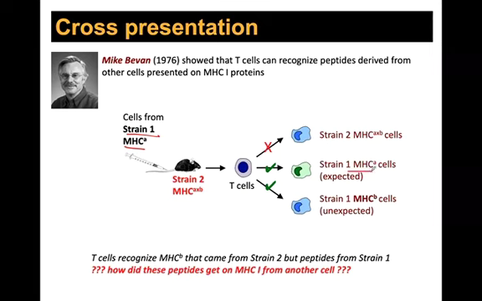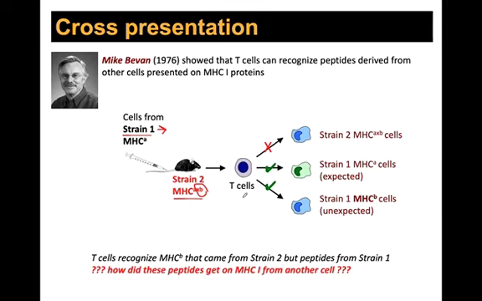So they have the MHC-A, but they also have the foreign peptides on there. That's an expected result. What was not expected is that you could recognize strain 1 peptides on the strain 2 MHC. So the only cells here that have MHC-B on them are in the recipient, but you're recognizing peptides that are only derived from the donor, or the antigen.